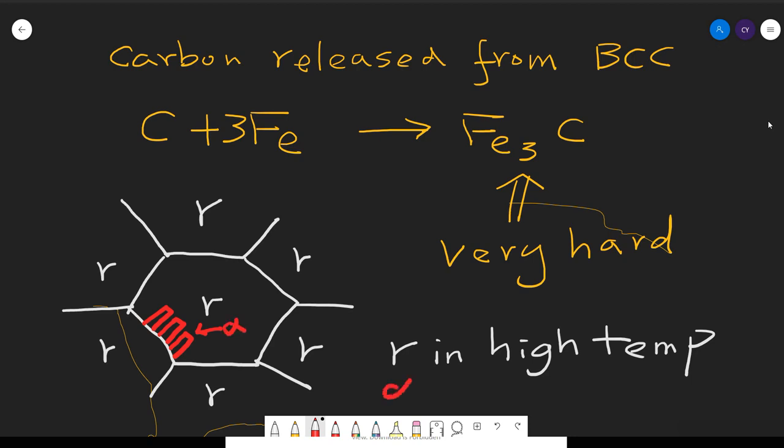So ferrite appears at room temperature. So in this case, the carbon will go outside. We say the carbon will go outside from the BCC structure. Actually, gamma is FCC, and ferrite is BCC.